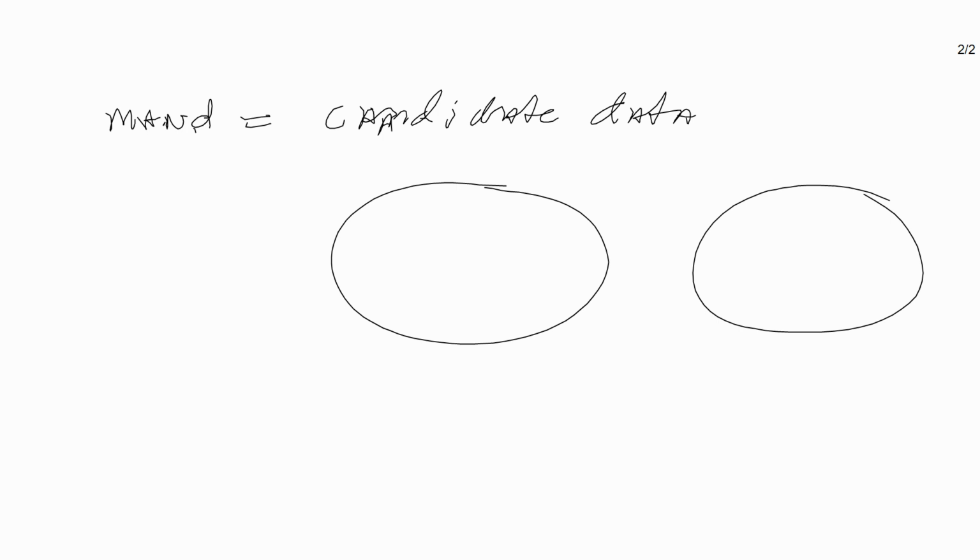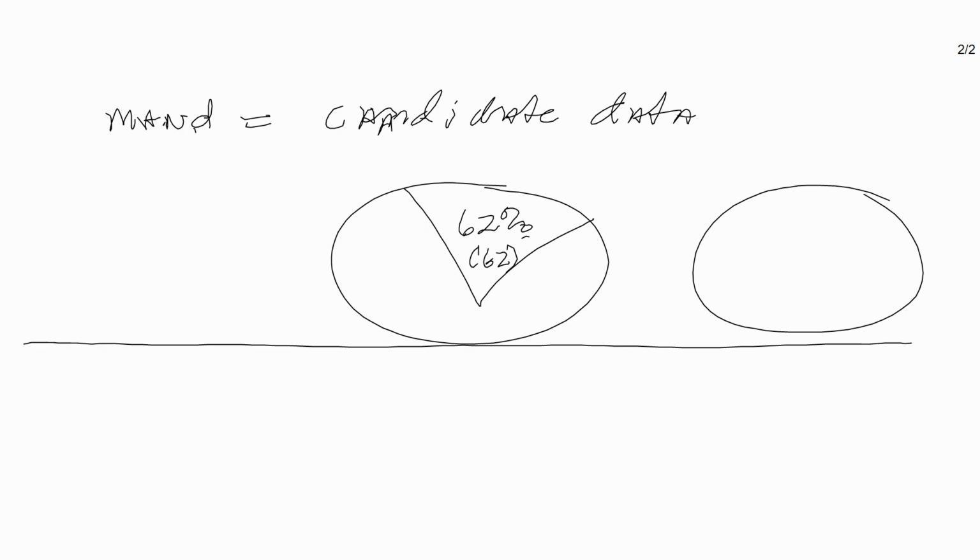On the pie chart, you put 62%, or have a table with the results. That's mandatory. That's the minimum I want. Now, the second thing I want you to do is your choice.